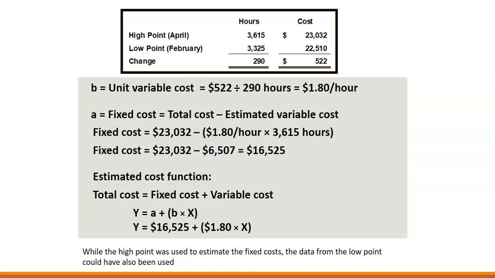So we take the change in hours and the change in cost. We divide the change in cost by the change in hours, and we come up with a variable cost of $1.80 an hour. We then put that information into the equation using the total cost amount to calculate what that fixed cost amount is.